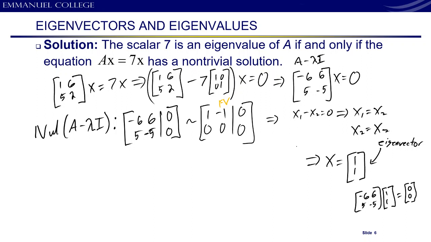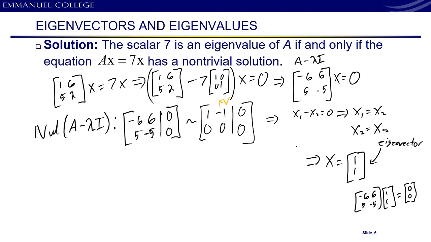So our eigenvector is just 1, 1. You wouldn't say 2, 2, or 3, 3, or 4, 4. You take it in its simplest form, which, as the span, would be 1, 1 times a constant. But we don't need the constant. We just want to take the base eigenvector.